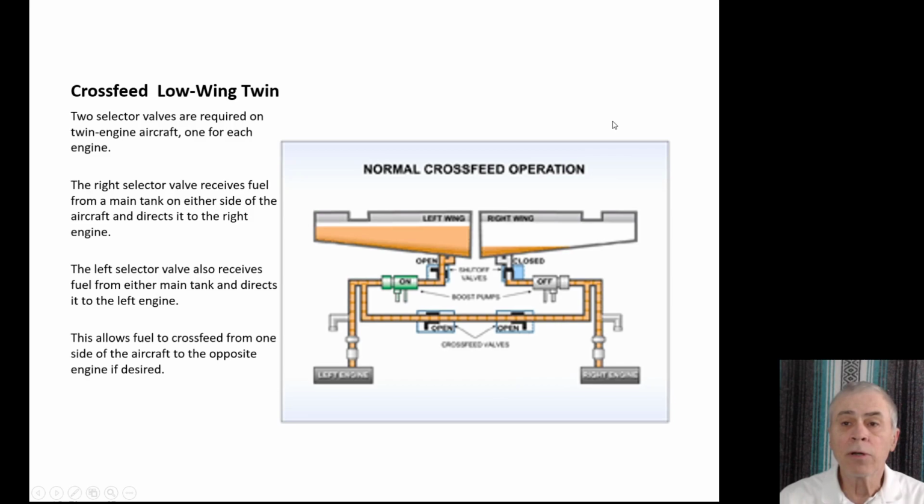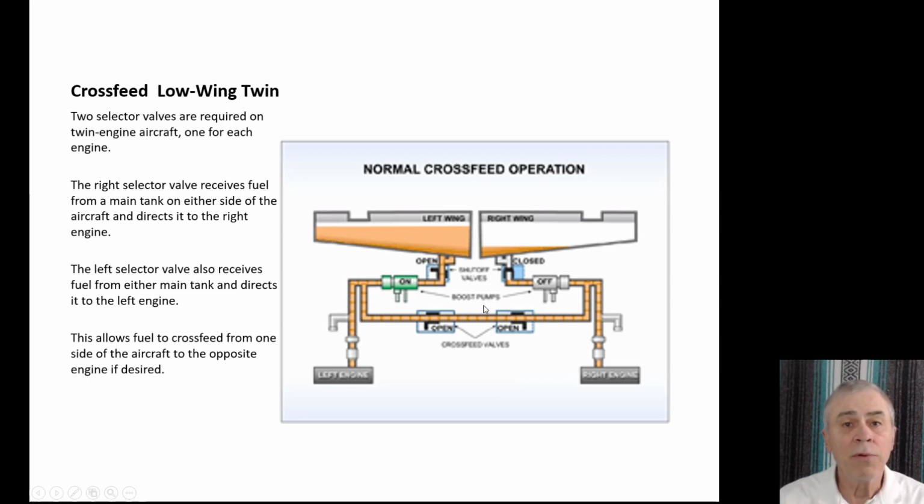We've already been talking a little bit about the cross-feeding between two fuel tanks, depending on what engine you want to service. In this illustration, you can see the left wing has much more fuel than the right wing, so you're going to want to draw down from the left wing.